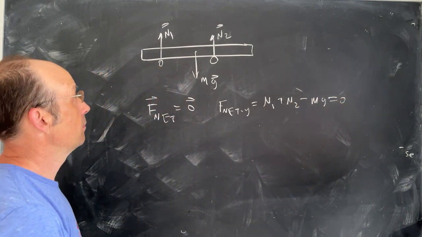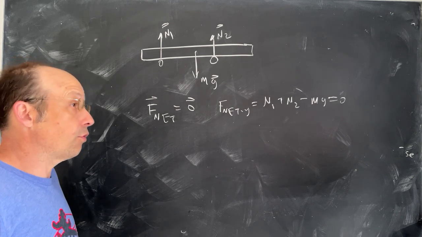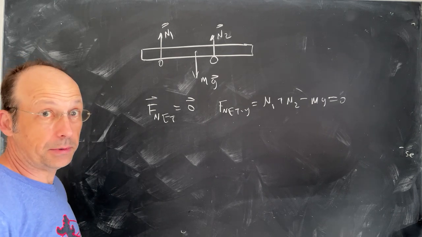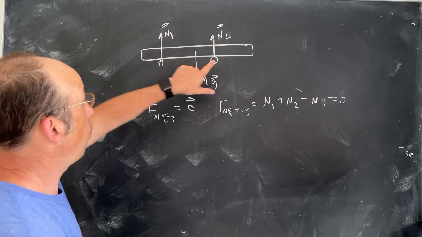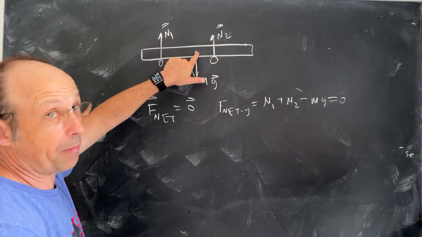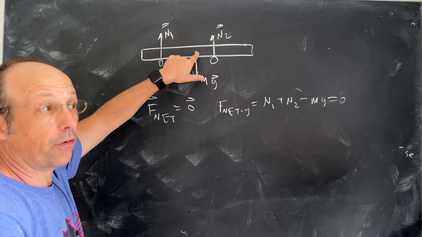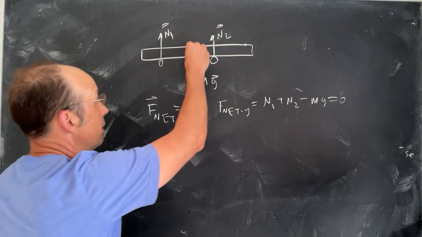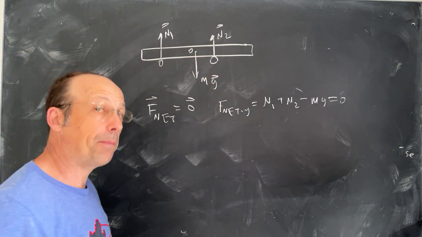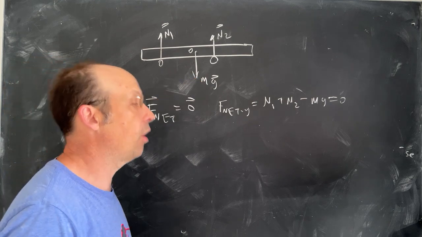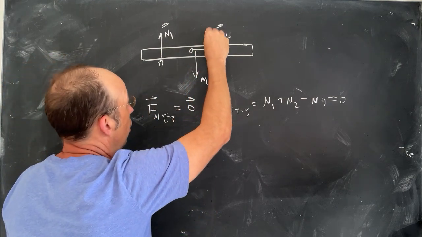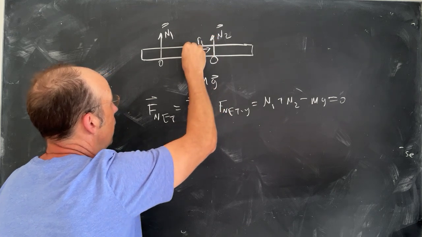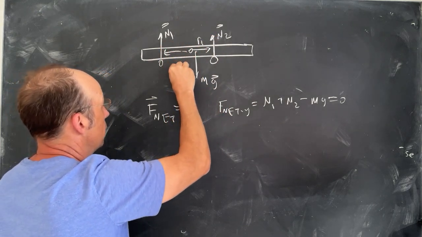What is also true is that the net torque has to be 0. So in order for the net torque to be 0, the one that is closer to the center of mass is going to have to exert a greater force. So let me show you how that is. Let's pick this as my torque point. If I pick that as my torque point, then there's no torque done by gravity. That's kind of nice. So here I have R2, and here I have R1.